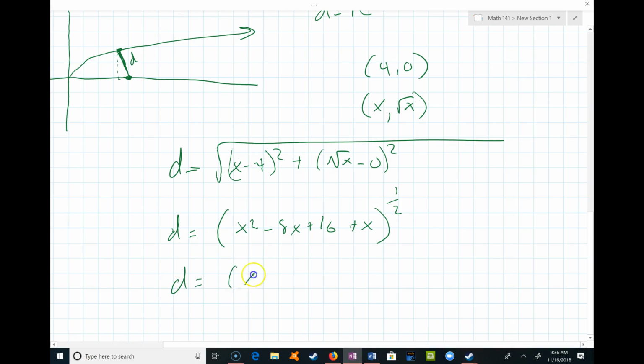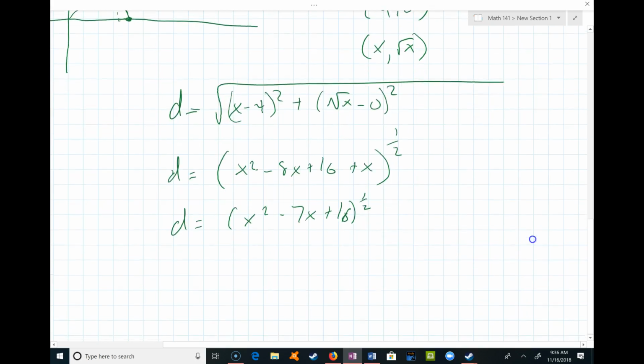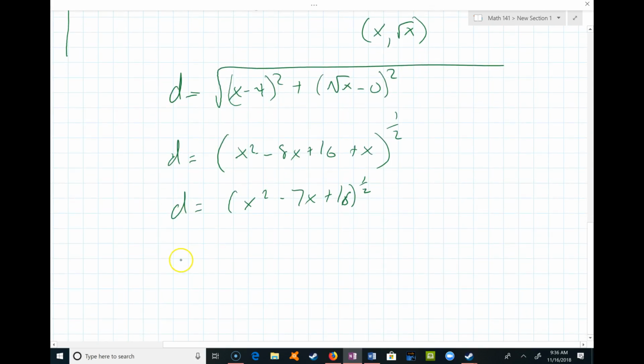So then I just have to take the derivative of this baby, don't I? The derivative of that would be 1/2 times (x squared minus 7x plus 16) to the negative 1/2 times (2x minus 7).